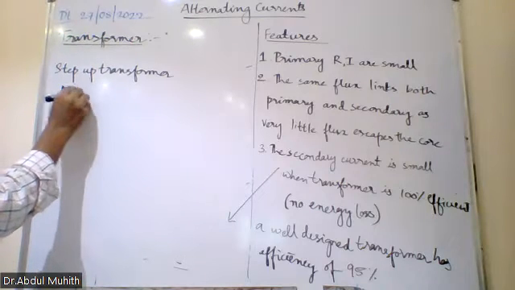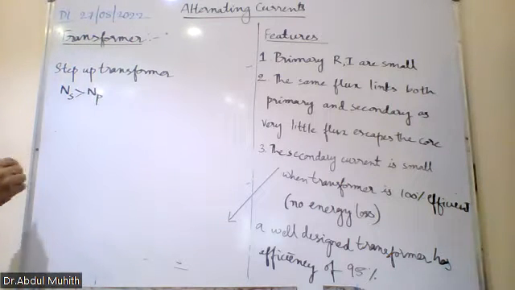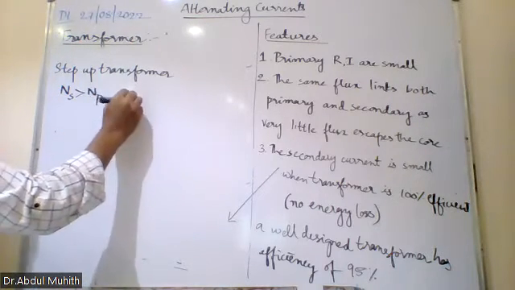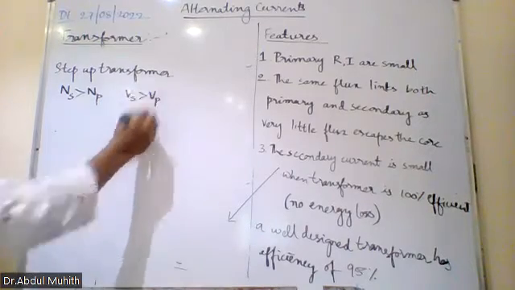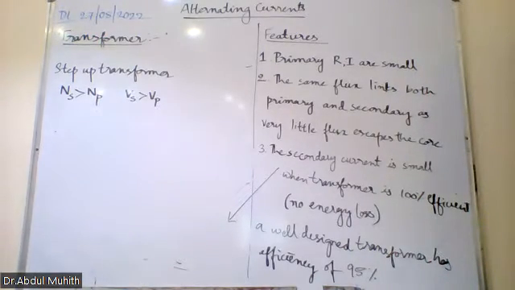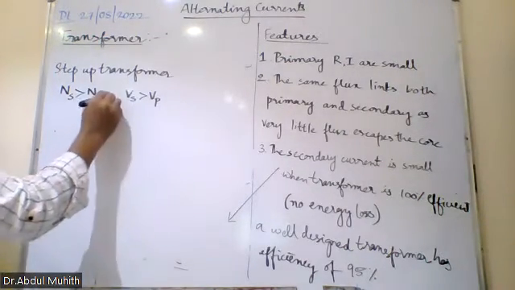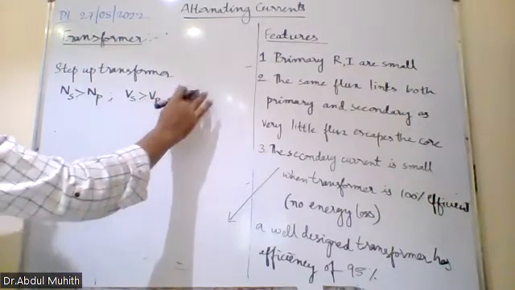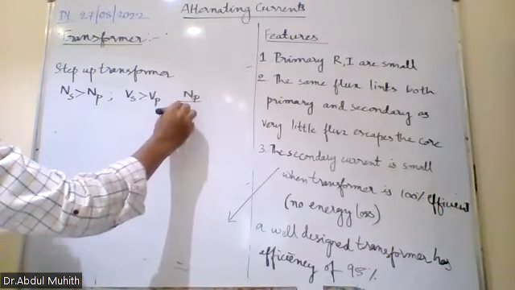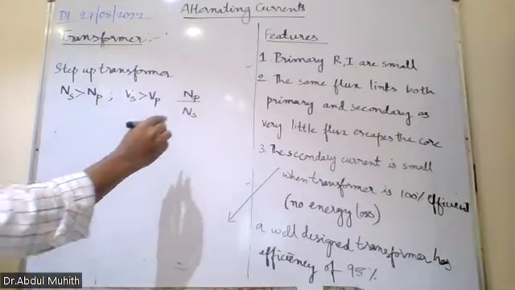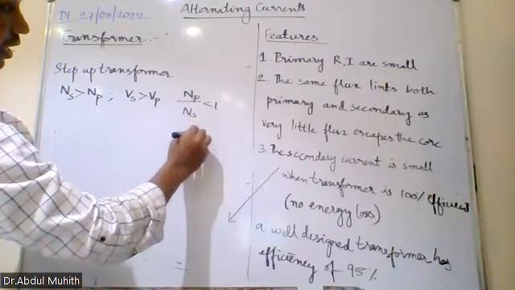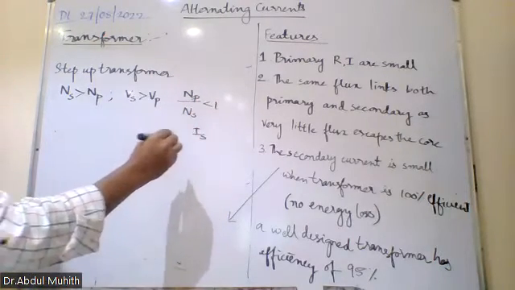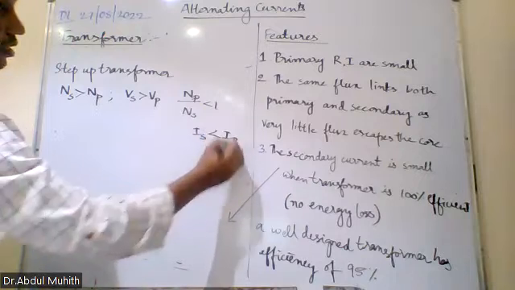NS is greater than NP. VS is greater than VP. And the ratio NP by NS is less than 1, and IS is less than IP. Is that clear?